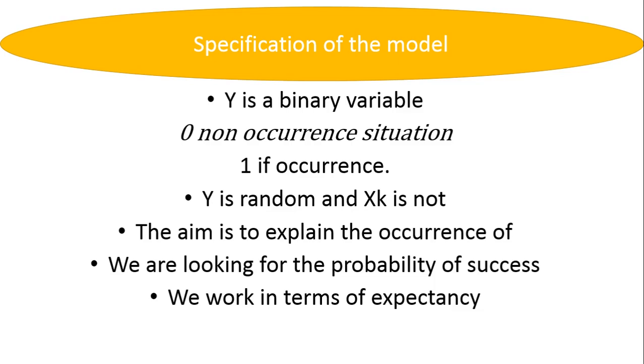Then the aim of simple logistic regression is to explain the occurrence of a phenomenon that is binary, that has only two modalities: success and other eventuality. So we are looking for the probability of success. If our first modality is success, for example, we are searching to estimate the probability of success.